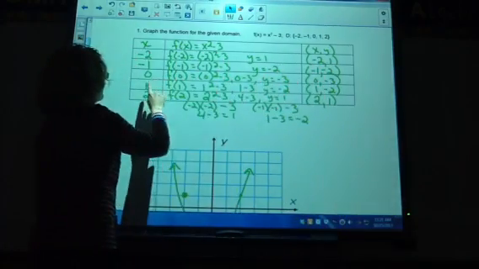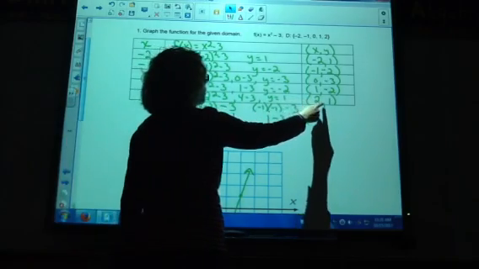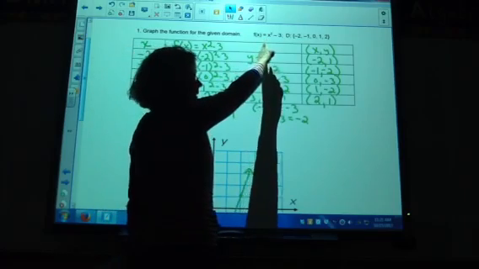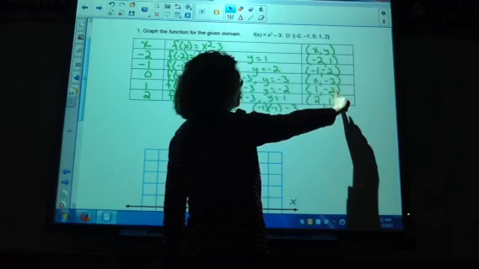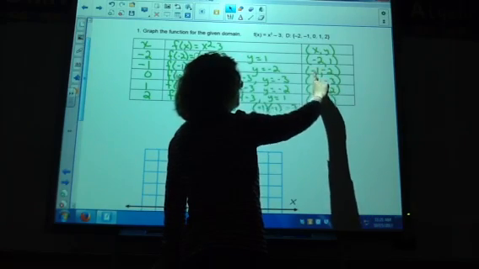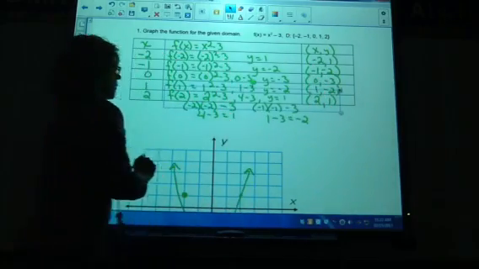So when I substitute in +2, I'm still going to get 4. My output is 1. So once you get familiar with your parabolas, you really only need to do the top 3 because then you know what your output, your y value, is going to be. See how they're the same? All right, let's move on.